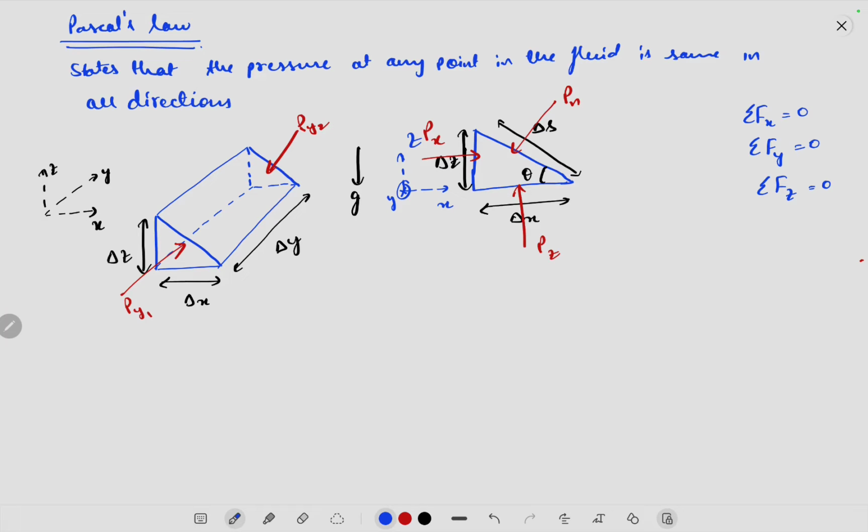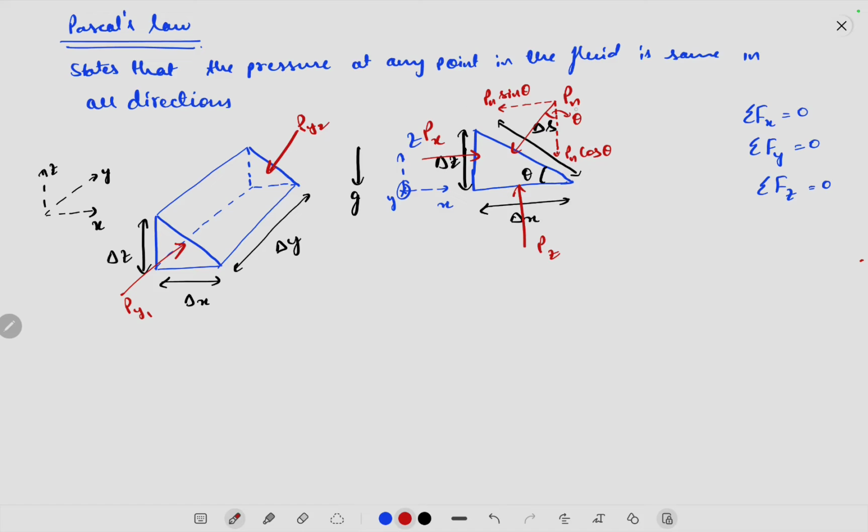Now to understand force due to pressures, first let's resolve this Pn into two components, one along z-axis and the other along x-axis. So if this is theta, you can use simple angle laws to find that this should also be theta. So this would be Pn cos theta and this would be Pn sin theta.